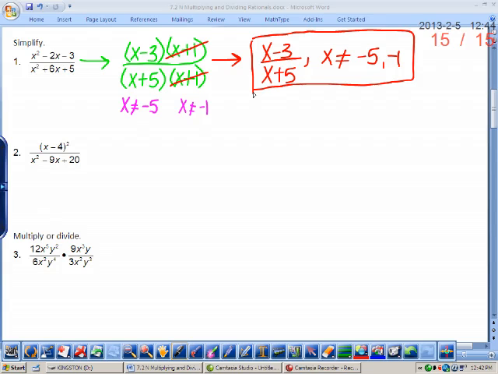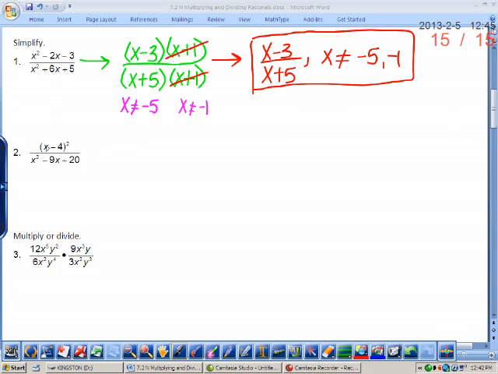All right, look at number 2. Go ahead and jot it down. Okay, first thing I want you to notice, there is no benefit to squaring x minus 4.